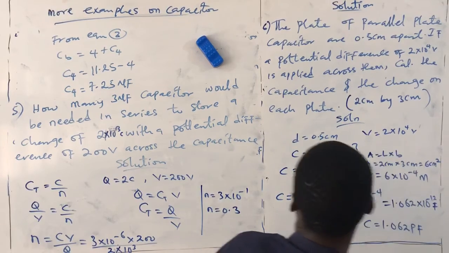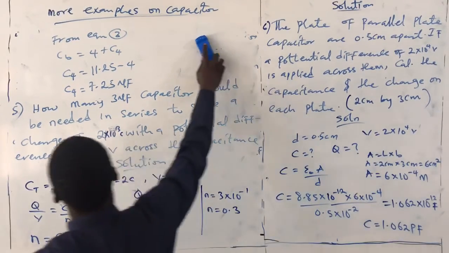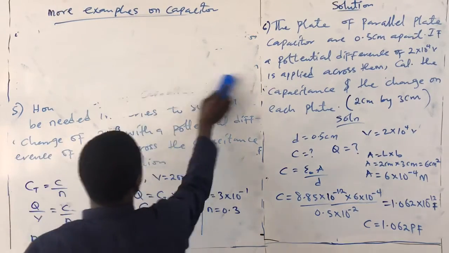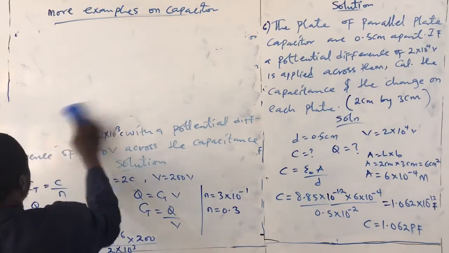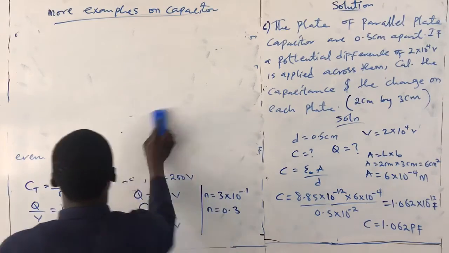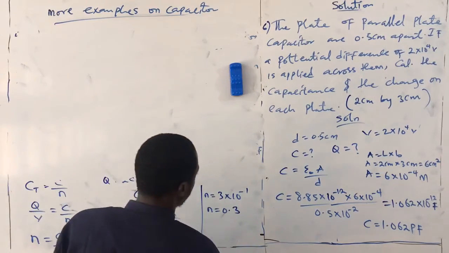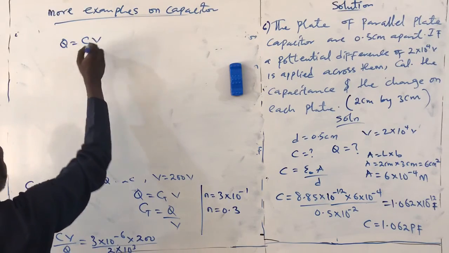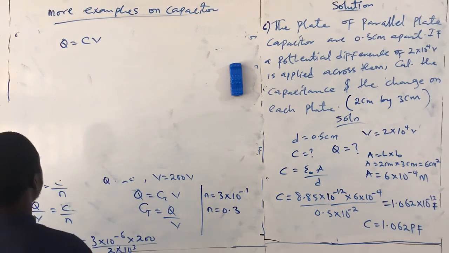Now we are asked to calculate the charge on this capacitor. And we know that the formula to find this is Q is equal to CV.